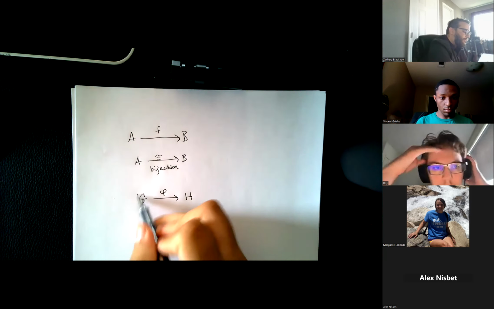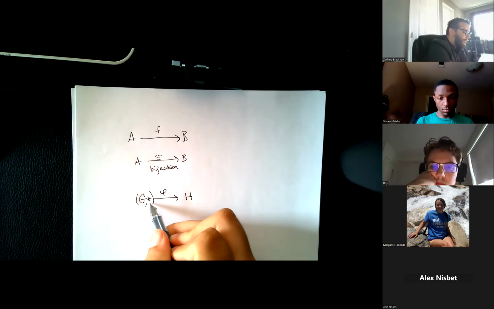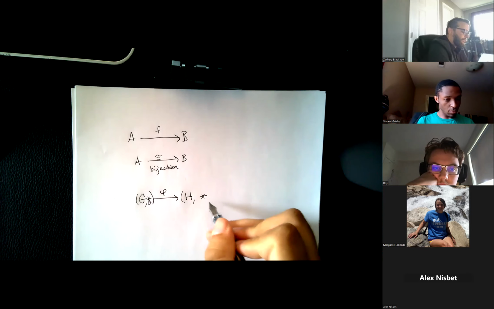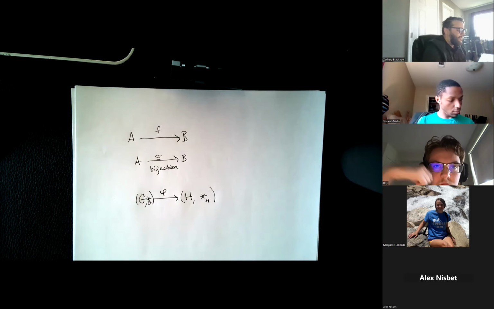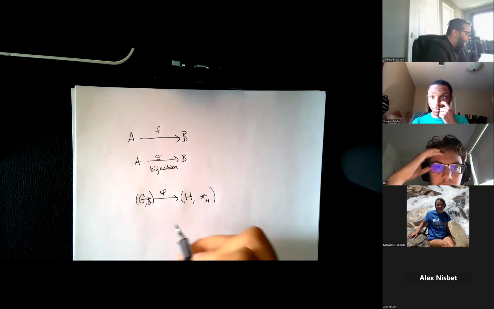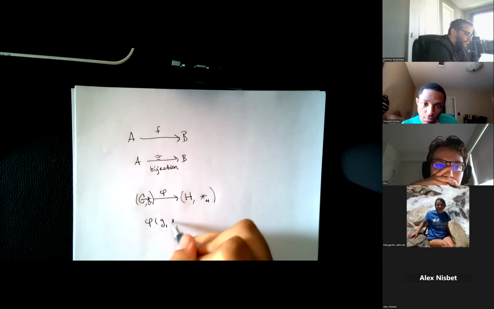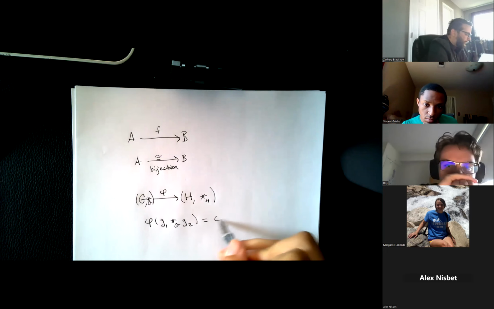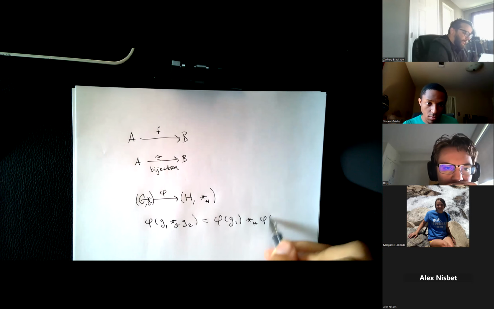Well, if G is equipped with an operation, let's call the operation star G, and H has an operation star H, we want to make sure that H is closed under this operation. So what we do is we require that phi of G1 star G2 is equal to phi of G1 star phi of G2.